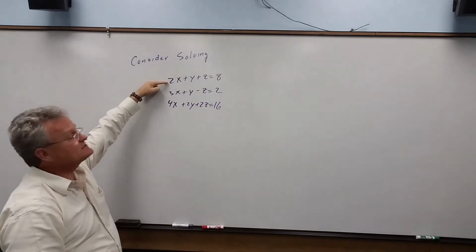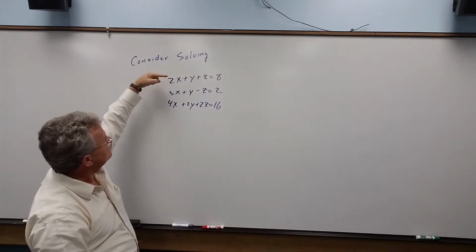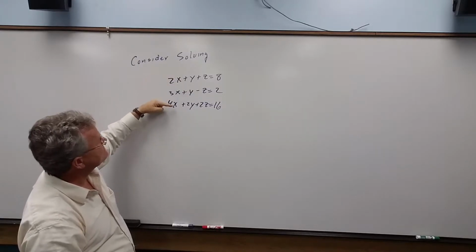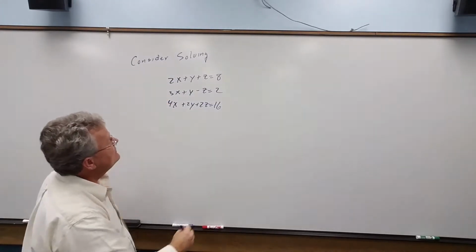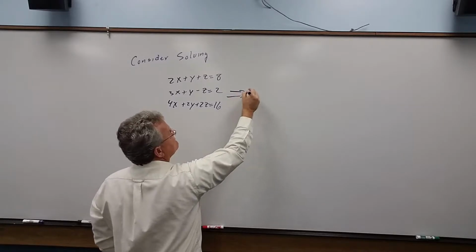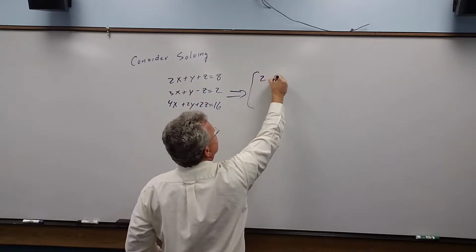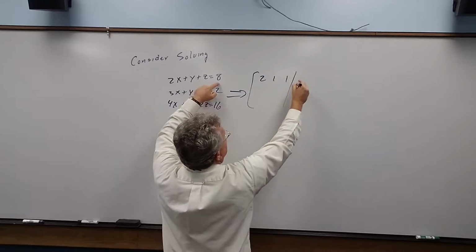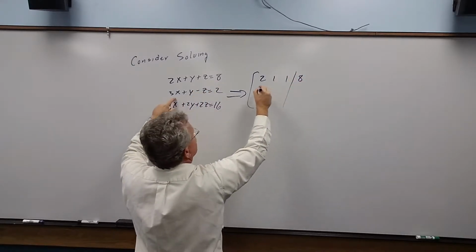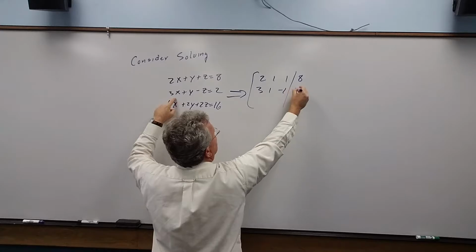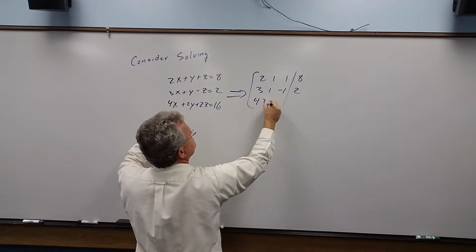So that means when I add negative 2 times this row plus this row, if I just look at the coefficient matrix, 2, 1, 1, actually we'll put this 3, 1, negative 1, and 4, 2, 2.